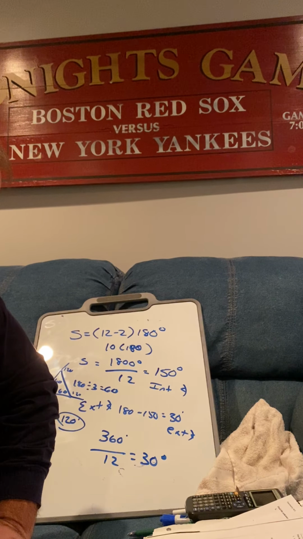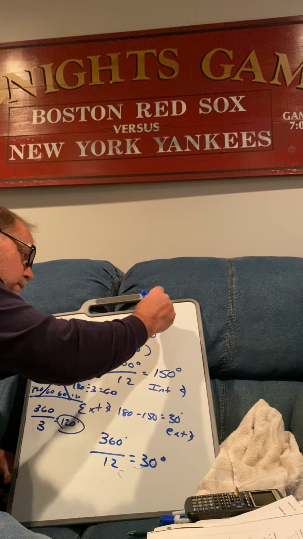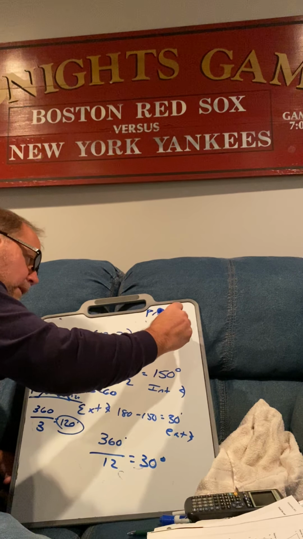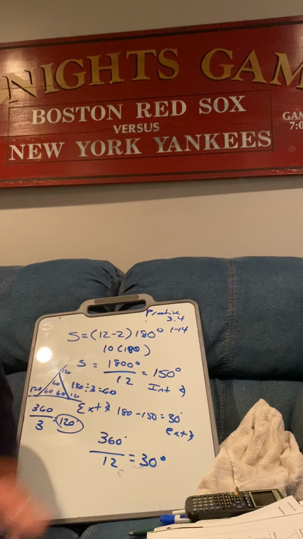Okay, so knowing that, that's how you can do 12, 13, and 14. So on practice 3-4, you should be able to do numbers 1 through 14 now, using those as a guide.